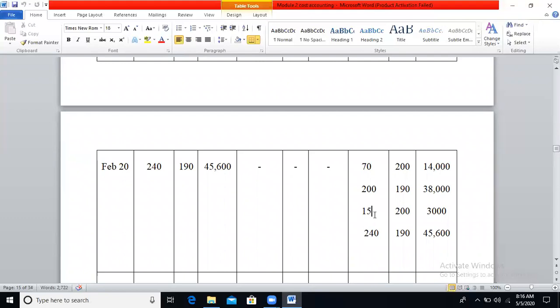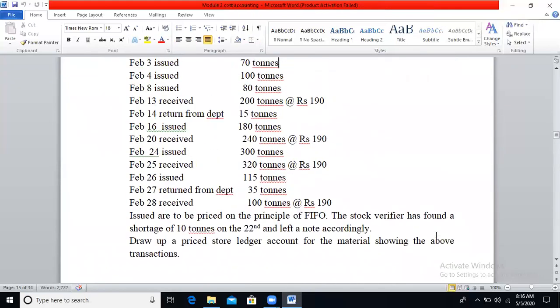And returns of 15 tons at rupees 200, 3,000. And we have purchased currently 240 tons at rupees 190, total value will be 45,600. The next transaction will be February 22nd, we are having a shortage of 10 tons.